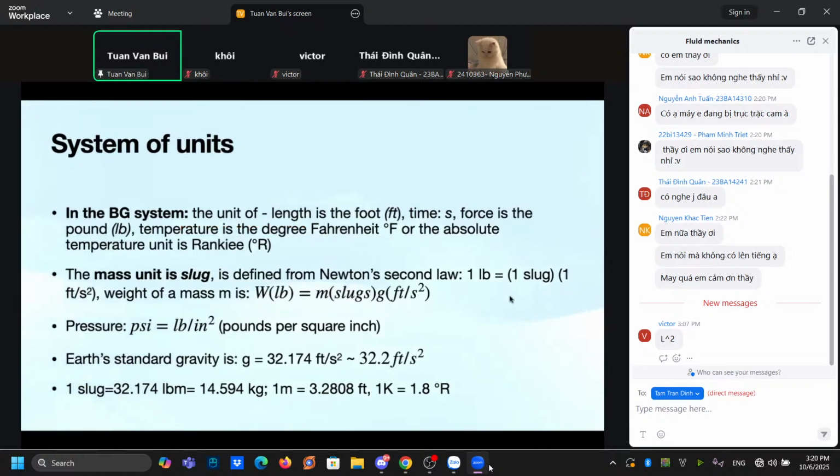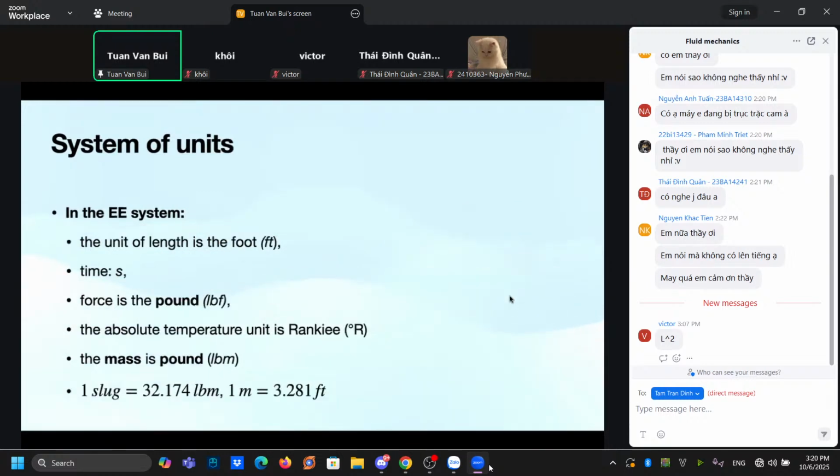In the E system, the unit of length is the foot, same as in BG, time is second, and force is pound, so they write explicitly LBF, pound force. The absolute temperature unit is degree Rankine. The mass is pound mass, LBM.